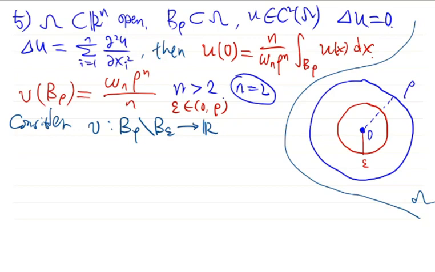Then we consider the function v defined on the domain bounded by these two spheres. The function v is given by 1 over the norm of x to the n minus 2. So we know that the Laplacian of v is 0 in this domain.